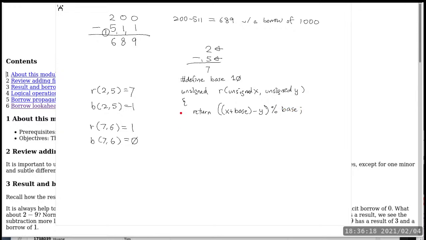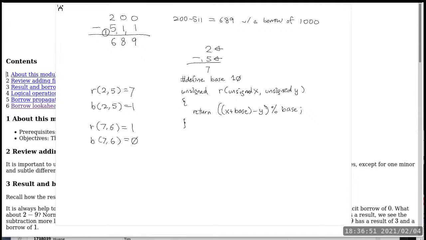That would always work because if x is not less than y, then this part here is going to be exceeding the base, but since I modded with the base, I still end up with the correct value in the end. Is that okay? Does everybody understand the R function as I defined it on the tablet? You can plug in the examples. That makes sense. Okay.